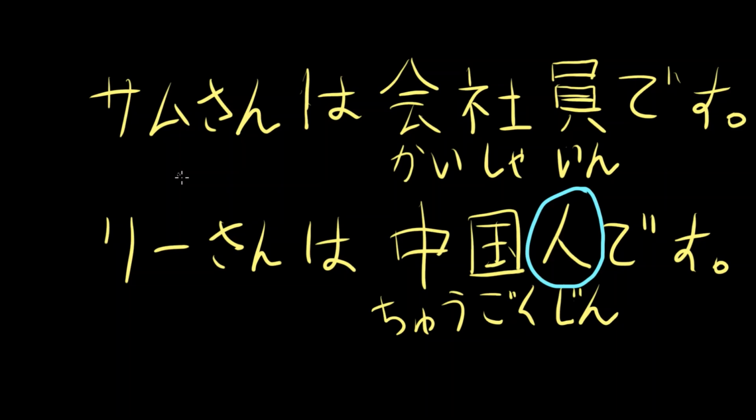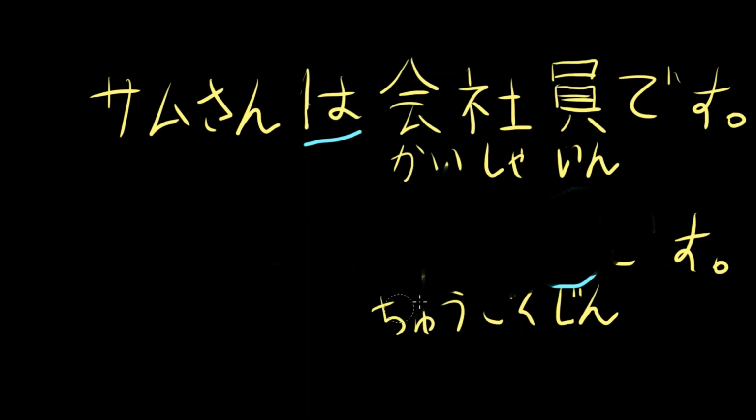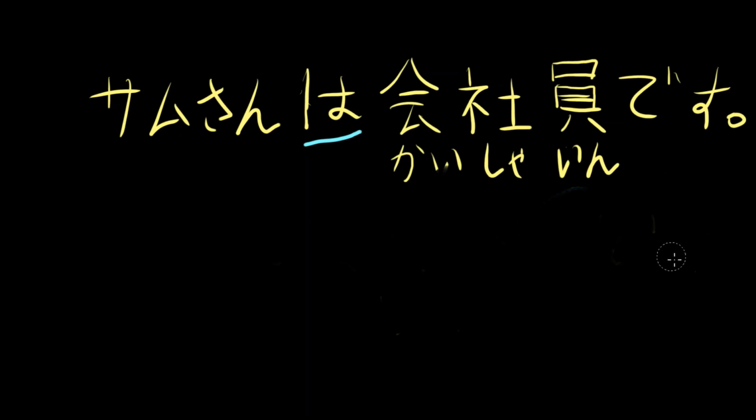Now, we can use another particle. Instead of using wa, we can use another particle to indicate too or as well. So, for example, サムさんは会社員です。What if I wanted to say I'm a company employee too?